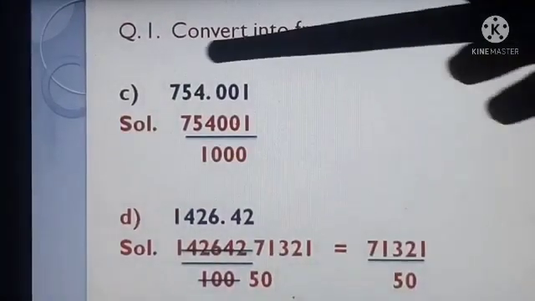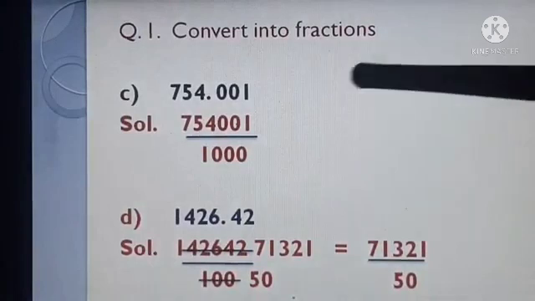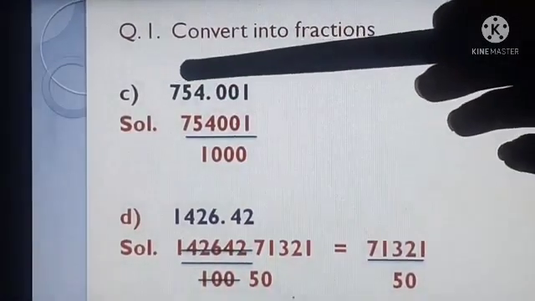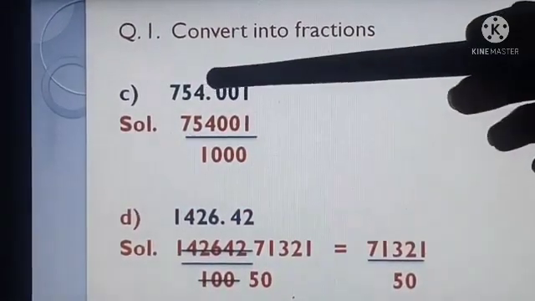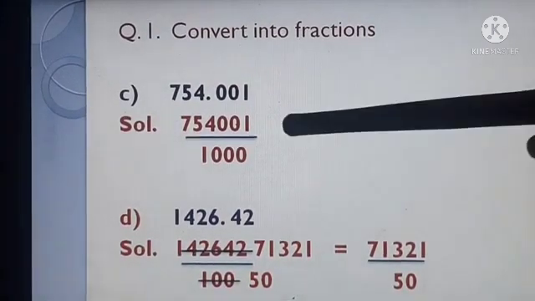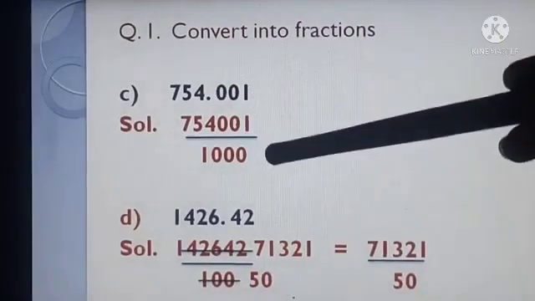Now C part: 754.001. First of all, to write it in the form of a fraction, we will write 754,001 upon 1000. Understood? So the fraction has become 754,001 upon 1000.